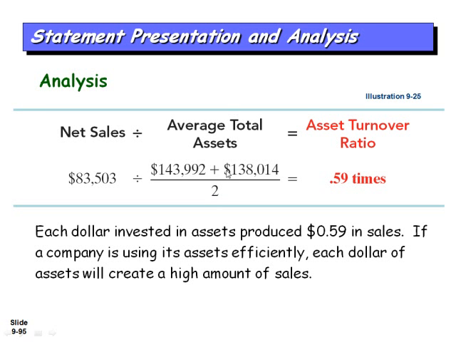We don't go back any more than the 2 years here. So net sales divided by average assets is about 0.59. So every dollar we invest in an asset produces 59 cents in sales.